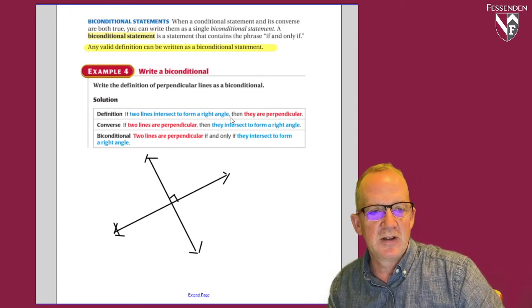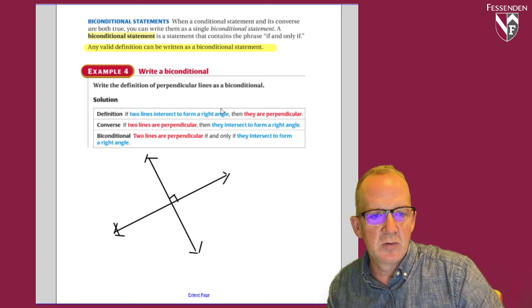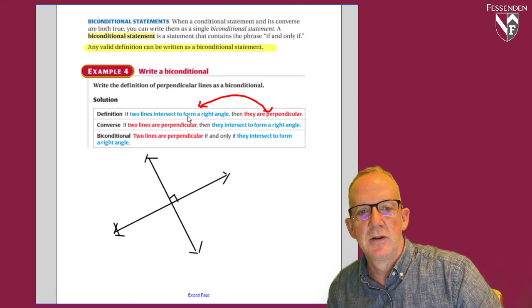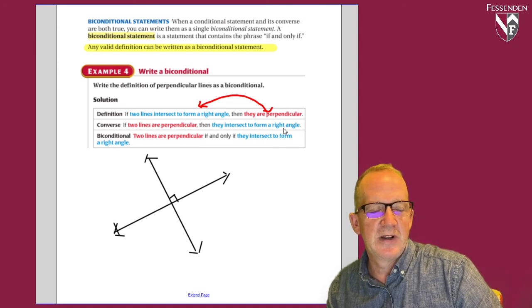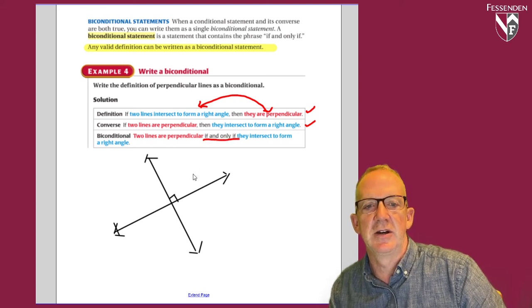Let's think about: if two lines intersect to form a right angle, then they are perpendicular. Well, that's a definition. Don't we know that right angle and perpendicular are almost interchangeable? So if two lines intersect to form a right angle, then they are perpendicular. If two lines are perpendicular, then they intersect to form a right angle. This is a definition. And if it follows that it's a definition, then we write it in a special way, and we use this if and only if.